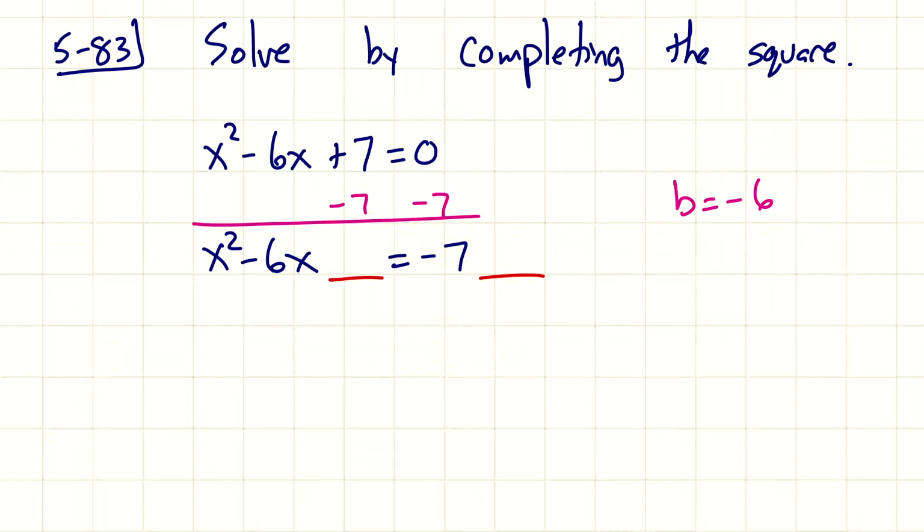I'm going to take negative 6 divided by 2 and square it. So this is going to give us negative 3 inside squared, which is 9. So I'm going to add 9 to both sides, plus 9, plus 9.